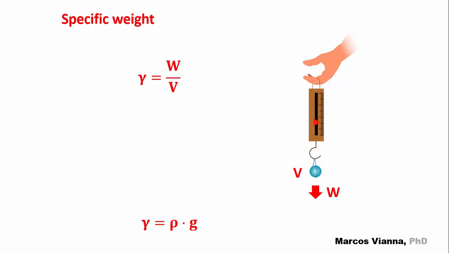Knowing this, we get delta equals rho over rho naught equals rho g over rho naught g equals gamma over gamma naught.